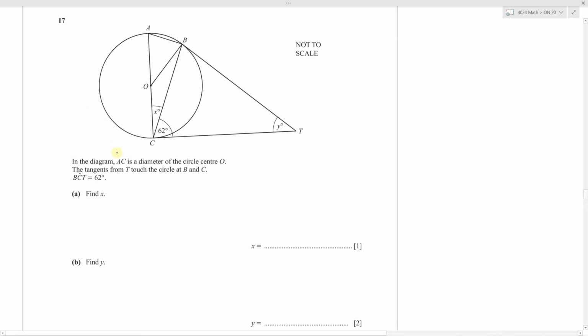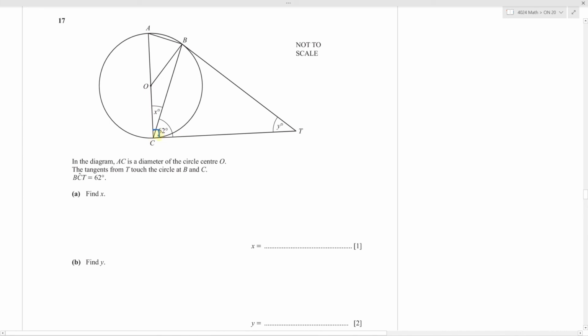Question number 17 is, in the diagram, AC is the diameter of the circle with center O. The tangents from T touch the circle at B and C, and this angle BCT is 62 degrees. Find x. So x is this angle, and since AC is the diameter, OC is the radius of the circle, and this angle here will be 90 degrees because it is an angle between the radius and the tangent.